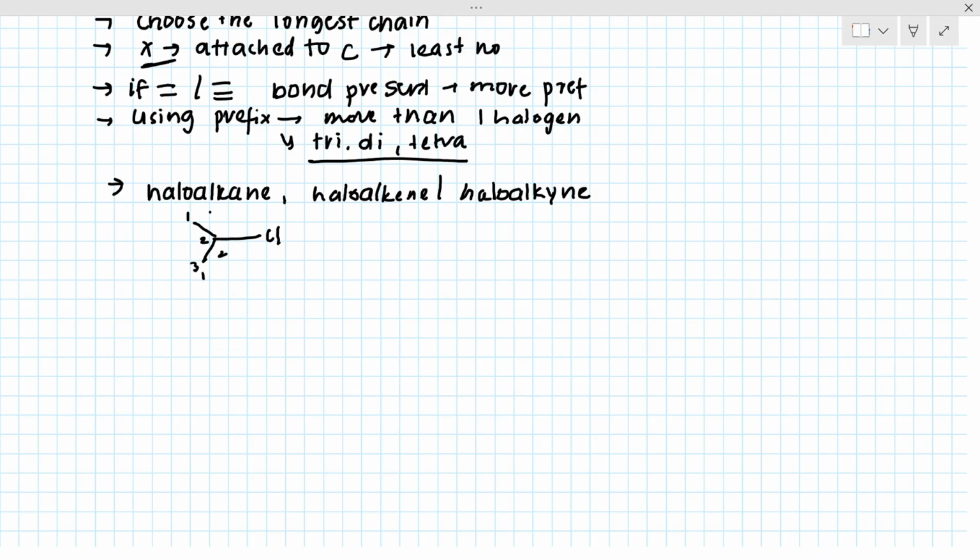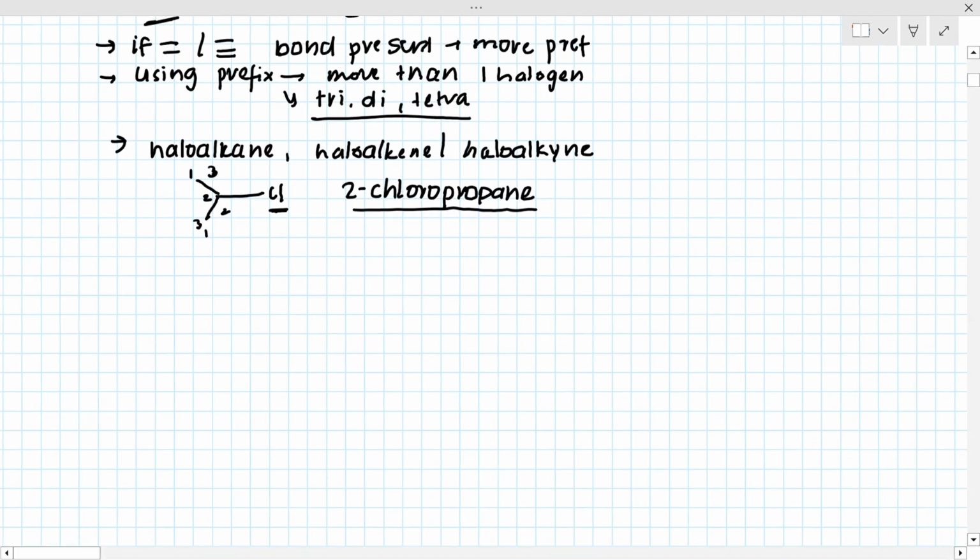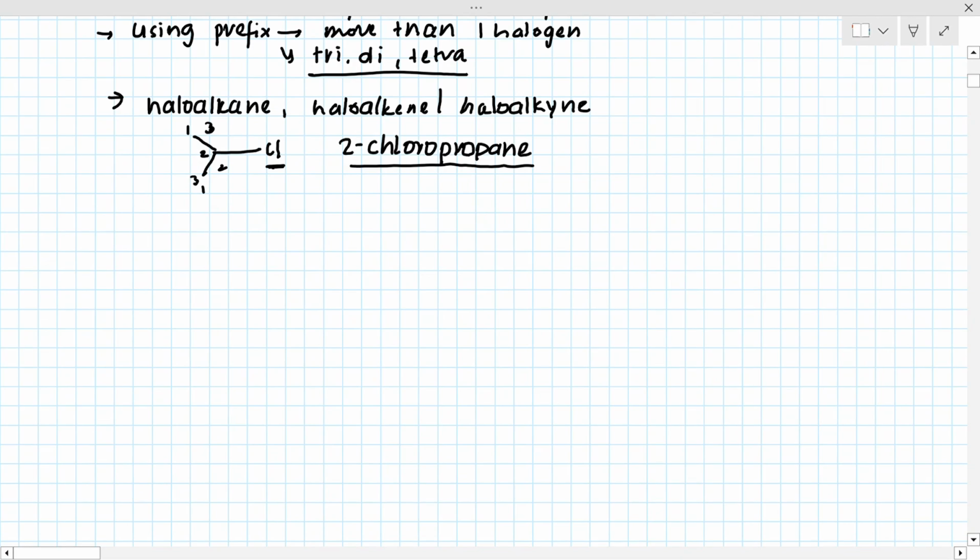However you name the chain, the longest chain is of 3 carbons, and this chlorine is attached to the second carbon. So you can write this as 2-chloro, and the total carbons are propane. So it is 2-chloropropane. This is how you will name the haloalkane.